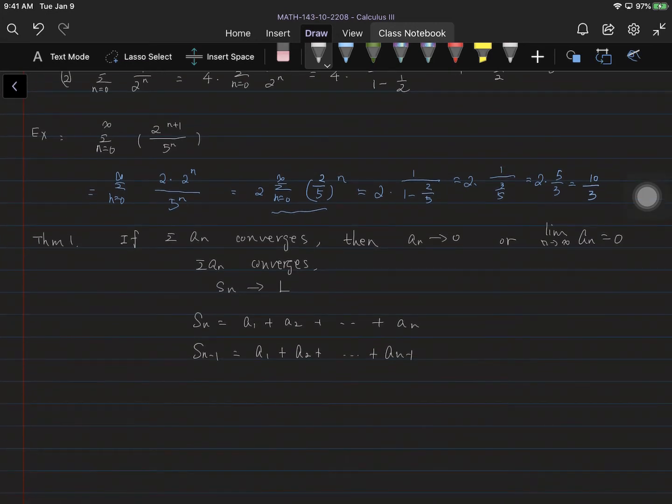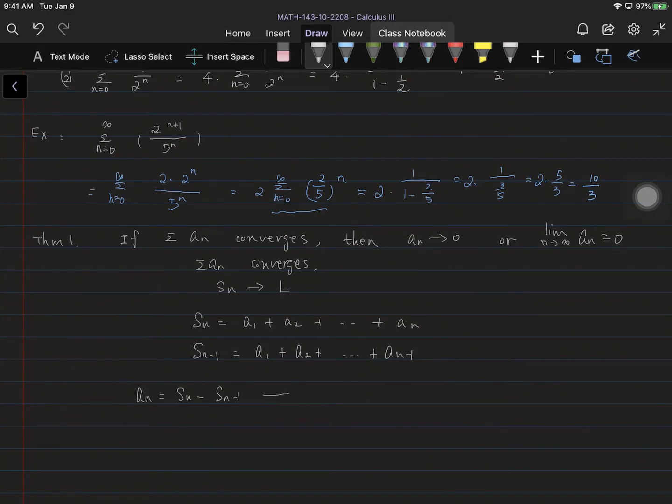Now we use Sn minus Sn minus 1. So let's see. Sn minus Sn minus 1, which is an. Is that right? Or we can write down an on the left side. So an equals Sn minus Sn minus 1.